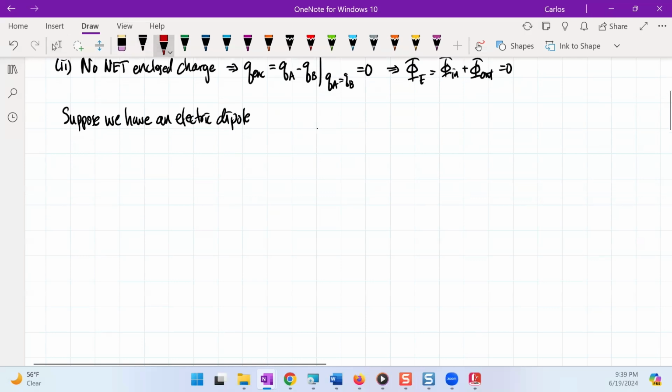I'm going to say that here's my positive charge, here's my negative charge. And so this is positive, this is negative.